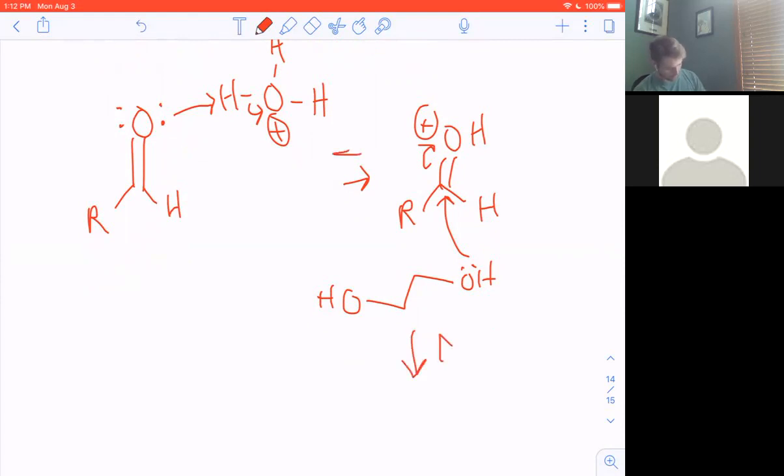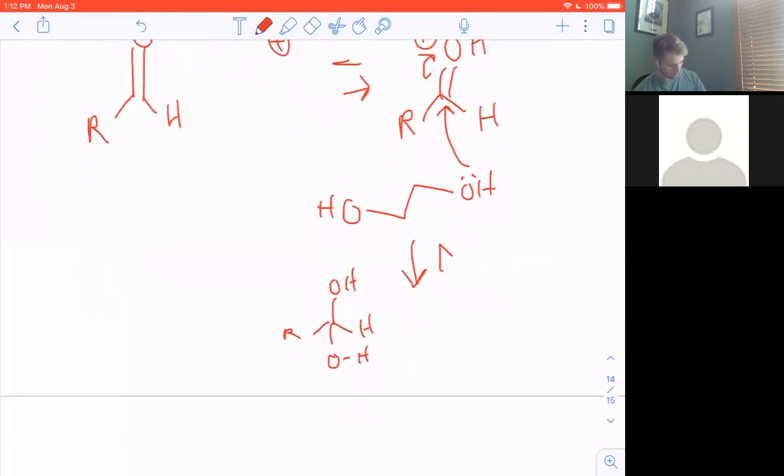But basically what you'll have looks like this now. This oxygen is positively charged. What is going to happen is now water is going to come by. One of those lone pairs will take that hydrogen away, get rid of that positive charge. So now what you have is this.